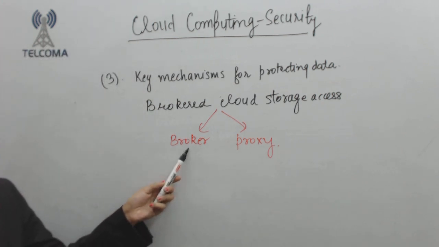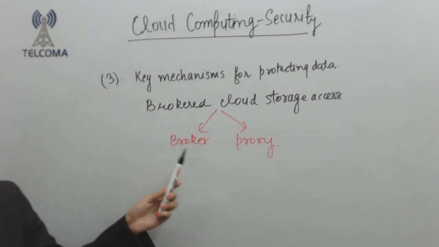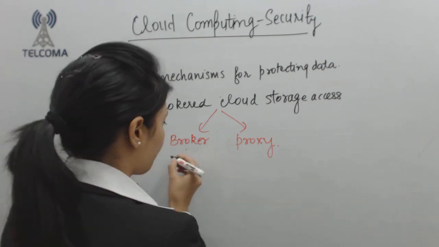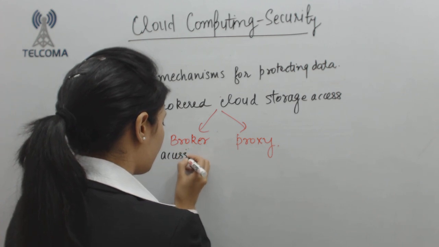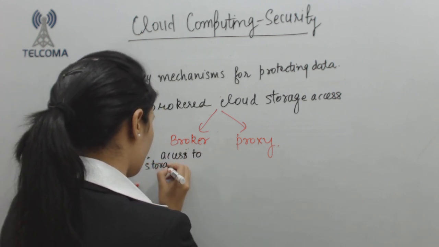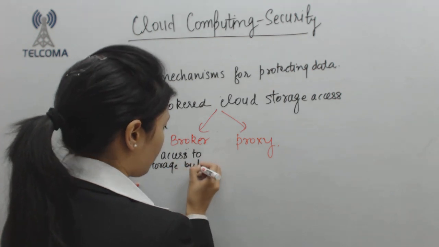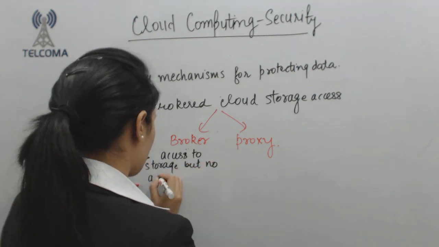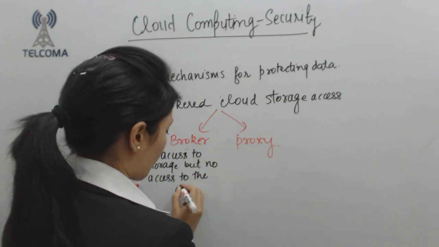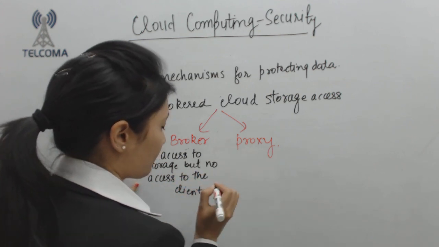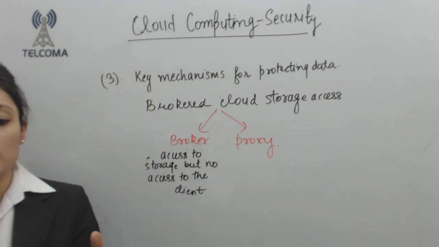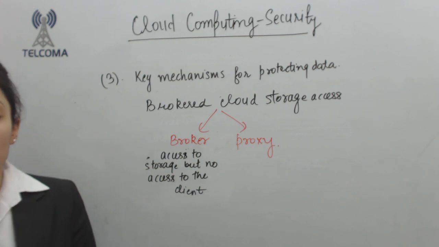That means it has complete access to the storage, but no access to the client. And the proxy has no access to storage, but access to both client and broker.